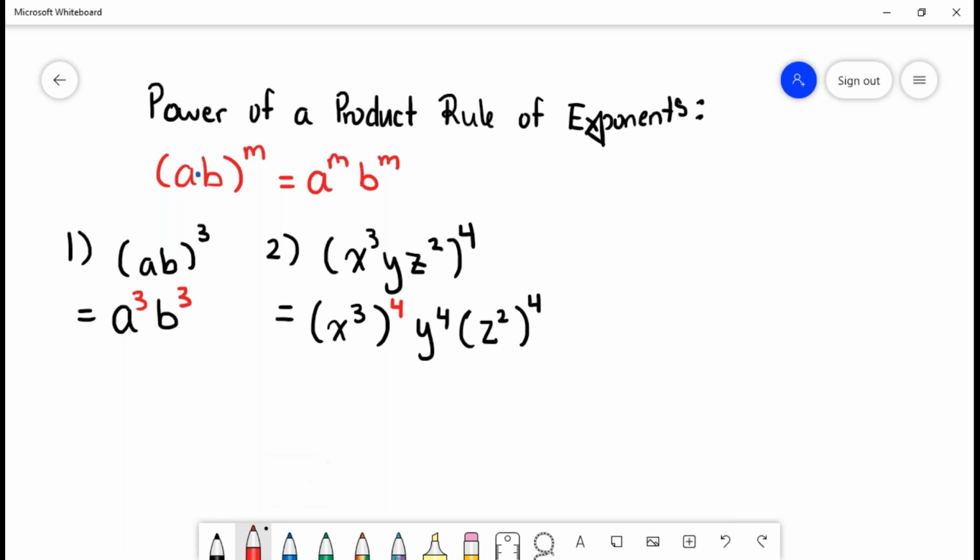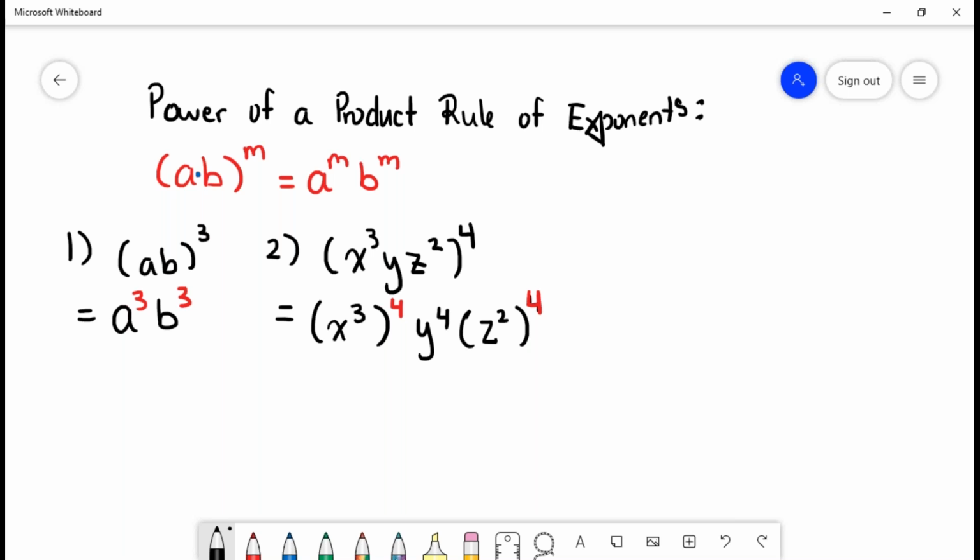Now, as you can see, we have one more step to do before we reach our answer. We've just applied the power of a product rule of exponents, but there's one more exponent rule I covered previously which can be applied here, looking at the format.